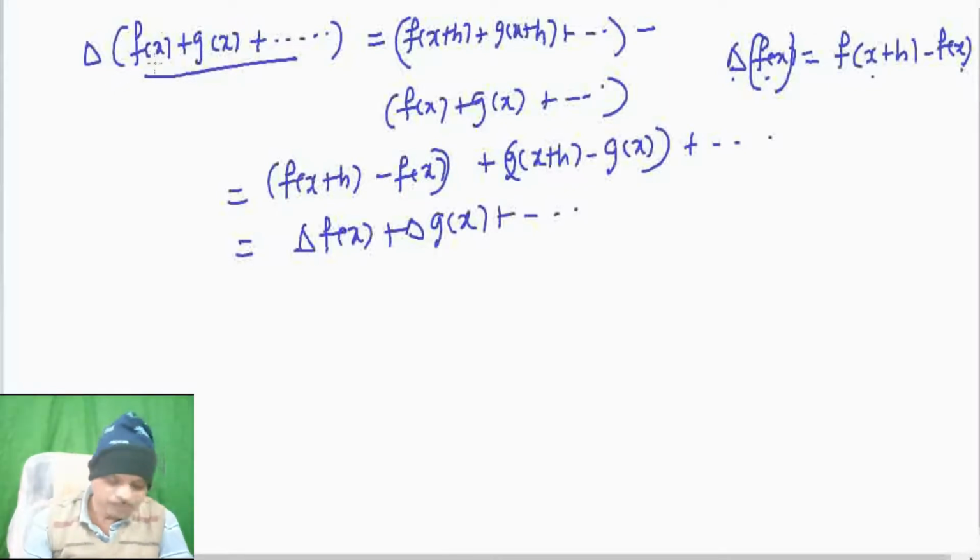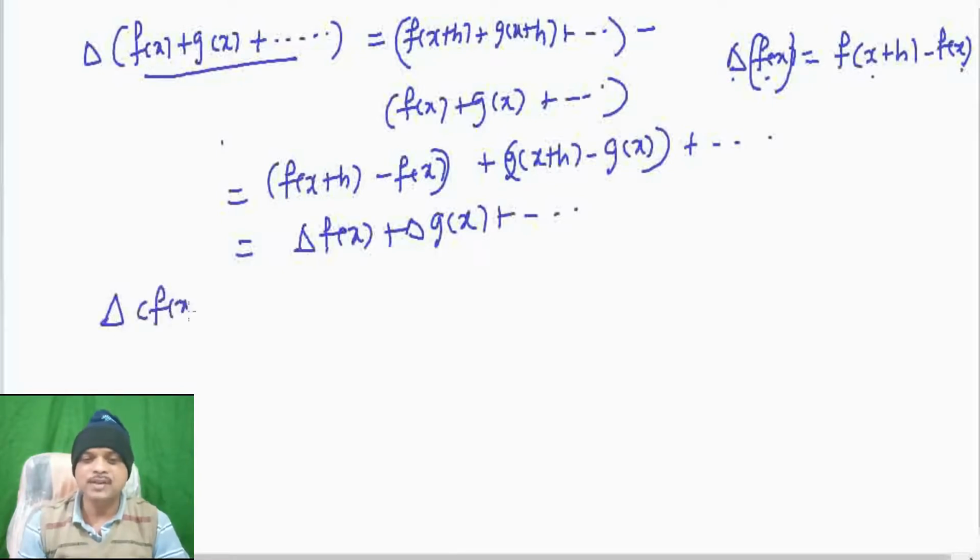Now what if we consider delta of c into f of x? So here, delta of c into f of x, apply the definition. Delta gives the difference of this: the next term will be c into f of x plus h minus the given term c into f of x.